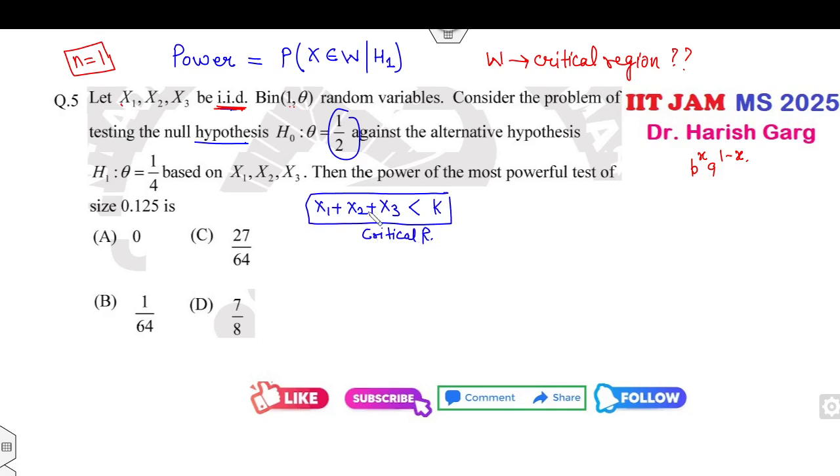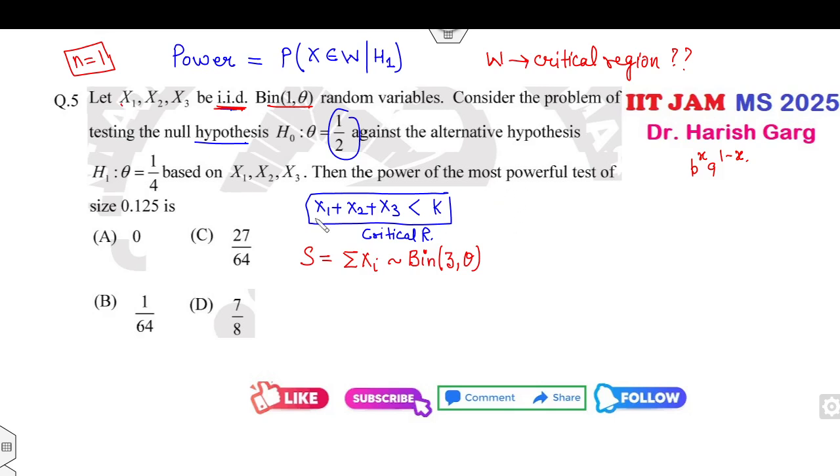Fine. Can you find the distribution of, if I say S is my sum, if xi follows the Bernoulli distribution, then it will be binomial of 3 comma theta.